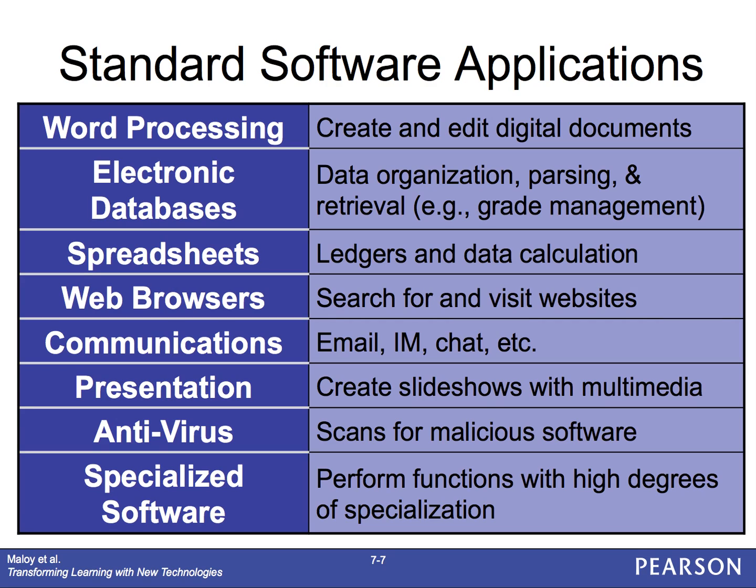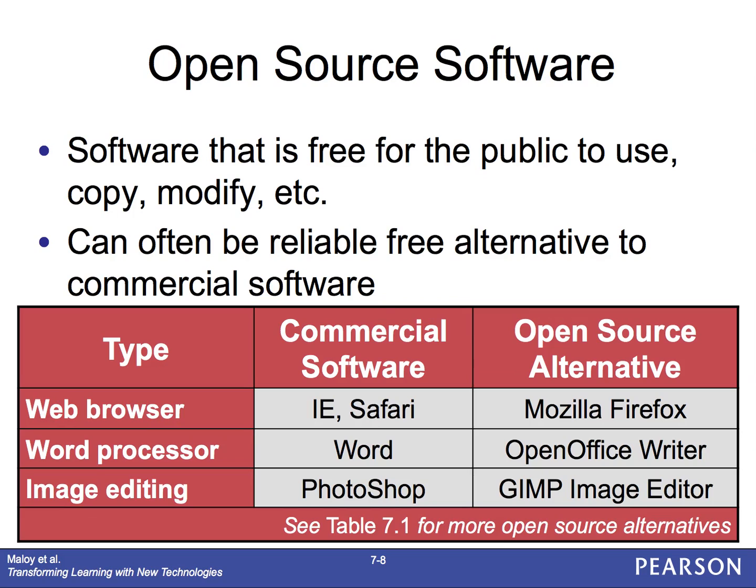And with the advent of apps, man, it's almost like it's a never-ending app parade out there of specialized software. So we have this stuff called open source software, and that simply means it's free.